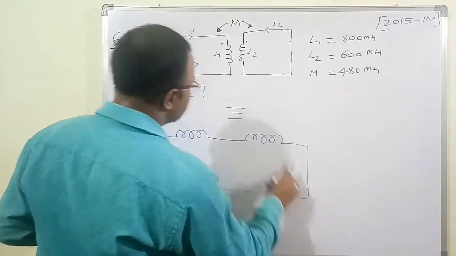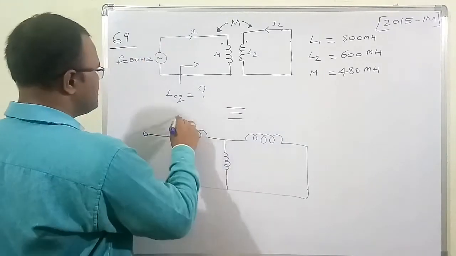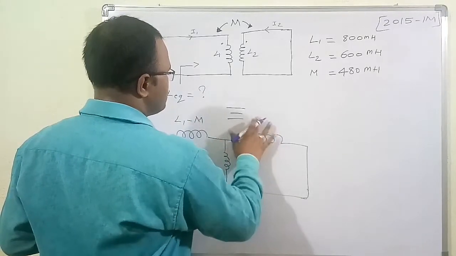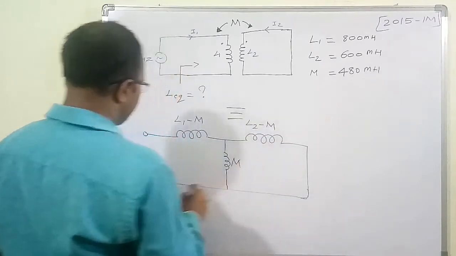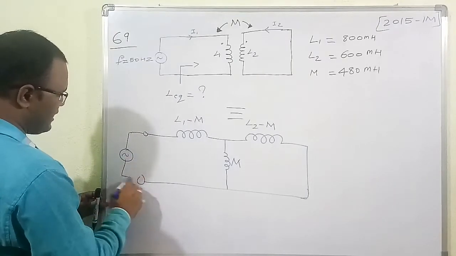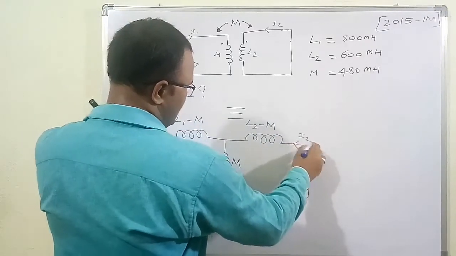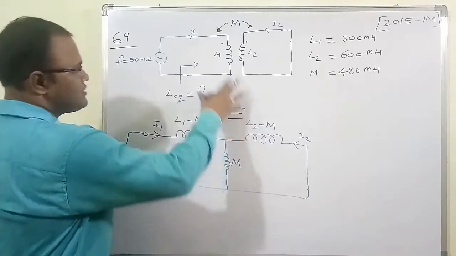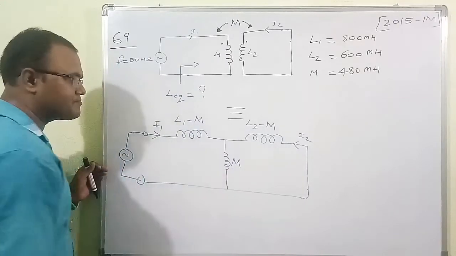See here, this one is L1 minus M, this is L2 minus M, and this is the value of M. There is a source supplied, and the secondary is short circuited. The current in this branch is I2 and the current in this branch is I1. If you write the equations for this circuit, the same equations are going to be satisfied for the original circuit also.